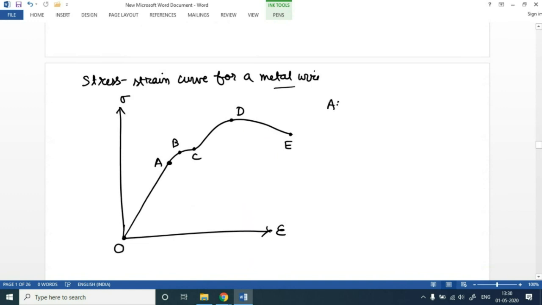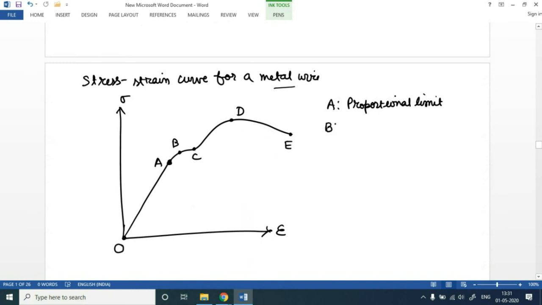A is basically known as the proportional limit. Why do we say proportional limit? From O to A, you can see the graph is a straight line passing through the origin. So sigma is directly proportional to epsilon, or you can say Hooke's law will be obeyed only till proportional limit A. So that is what the proportional limit A is.